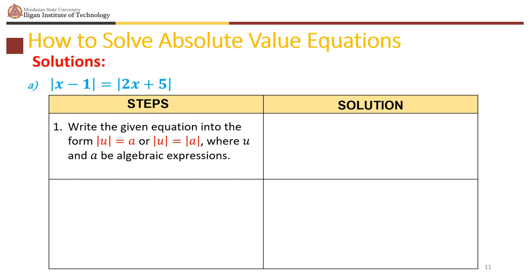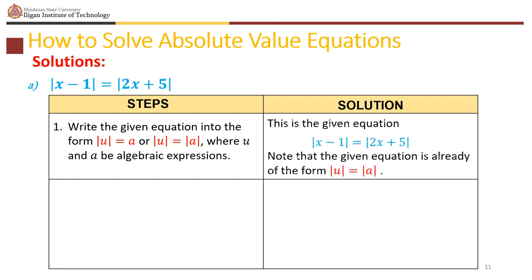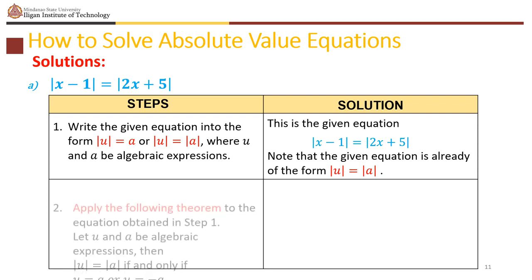In this case, we make use of the following. That is, the absolute value of u is equal to the absolute value of a, because it is of this form. So this equation can be solved as follows.